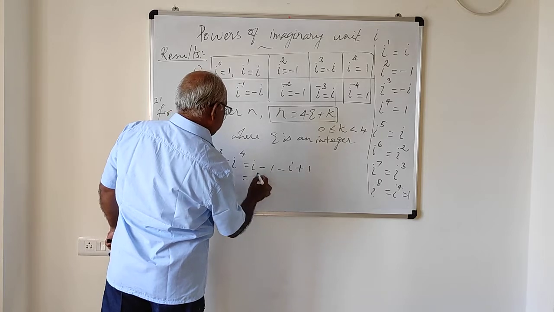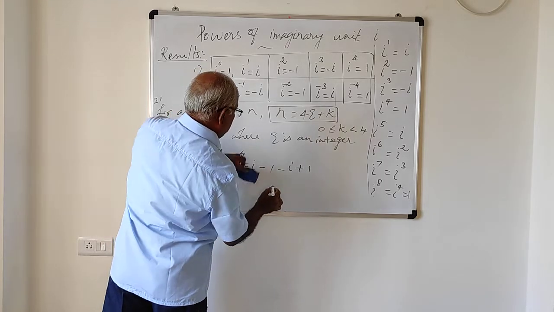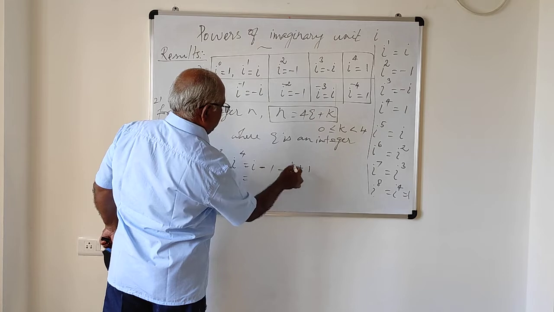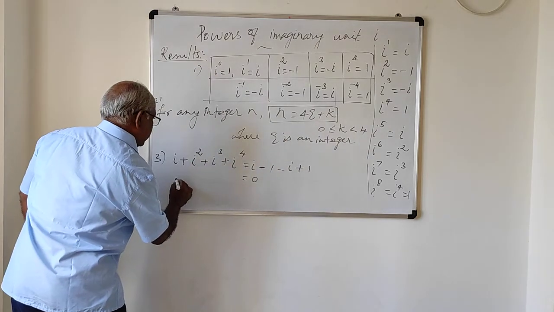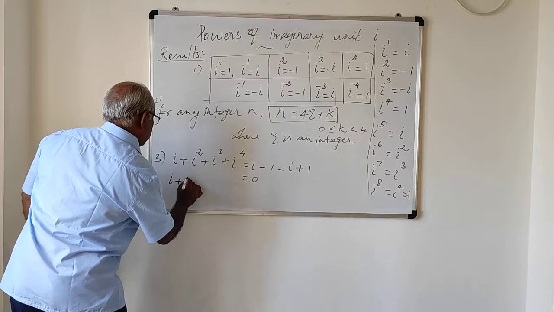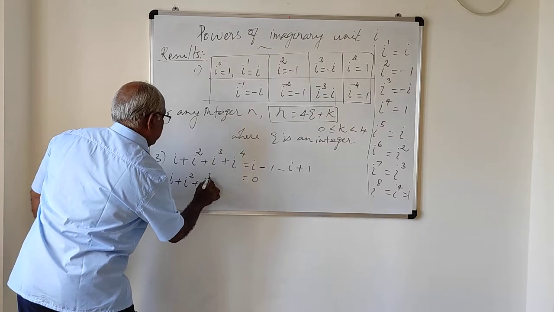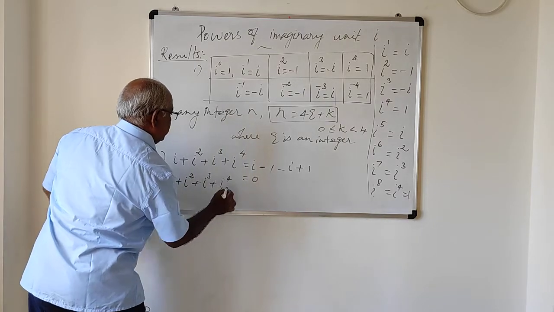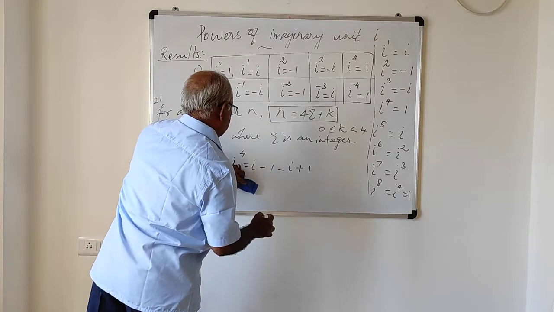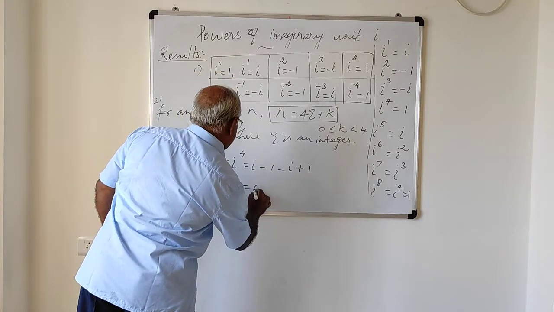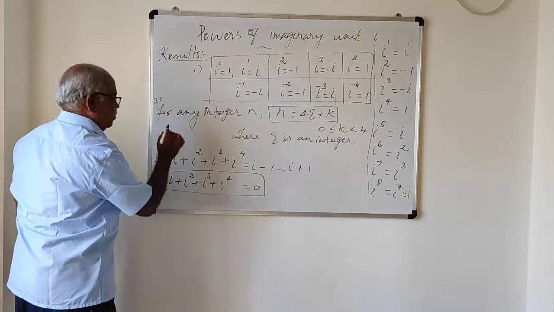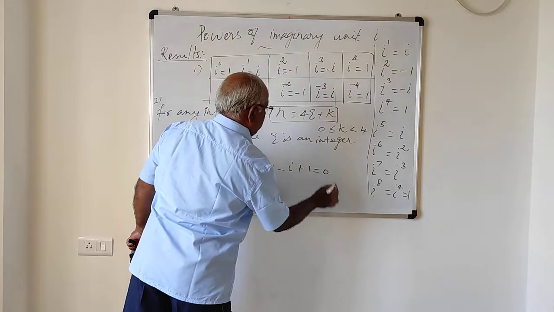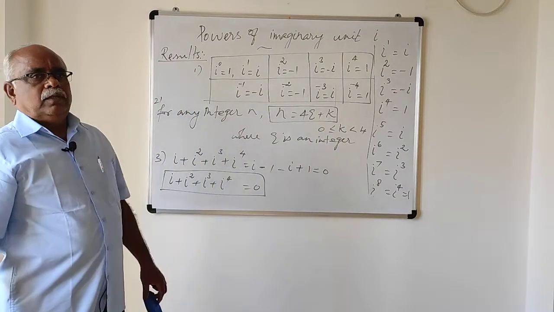On adding all these: plus i minus i is 0, minus 1 plus 1 is 0, so total is 0. So the sum of i, i square, i cube, i power 4 is 0. It is one more result you should remember for solving the problems. Thank you.